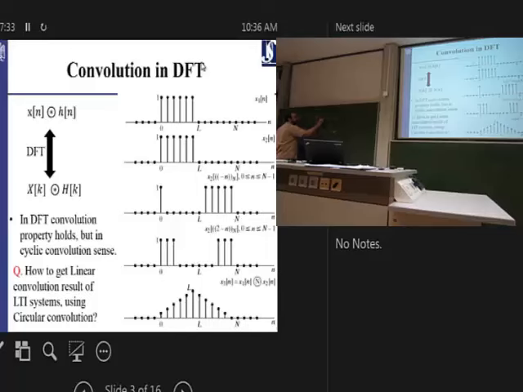Then you should see both of them as periodic signals, and they go from both sides to infinity. But the window that we are observing everything in is this window.